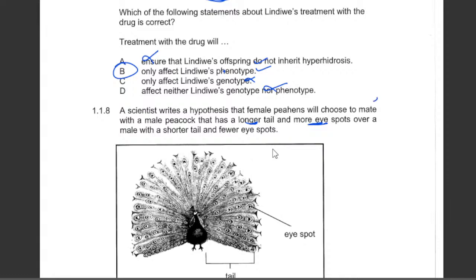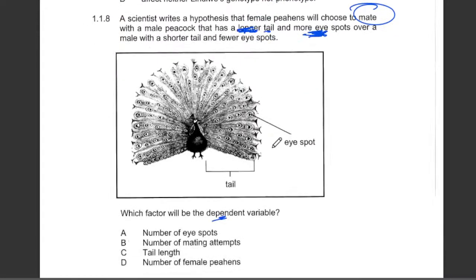You understand? So the number of mates you get will depend on how many of these you have and how long your tail is. So the length and the number of the eye spots is independent, and the number of mates depends on how long you have it and how many there are.